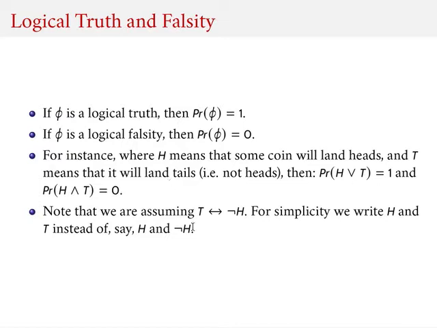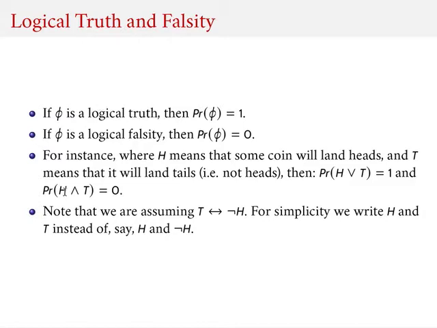So what you have to note moving forward is that here, and in similar cases, which I'll emphasize in the future as well, when we talk about H and T standing for the coin landing heads or the coin landing tails, implicitly we're assuming that T is basically the same as not H. Another way of putting that is that we're assuming that T if and only if not H. So that means that H or T in this case is a logical truth and therefore must be assigned 1 by this rule here.